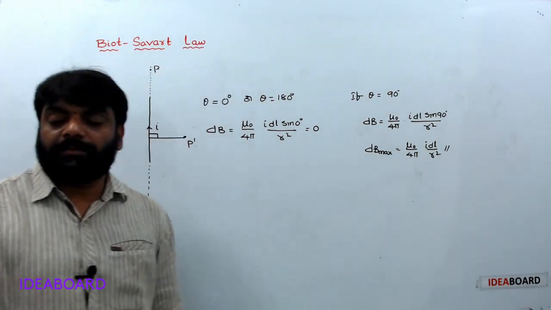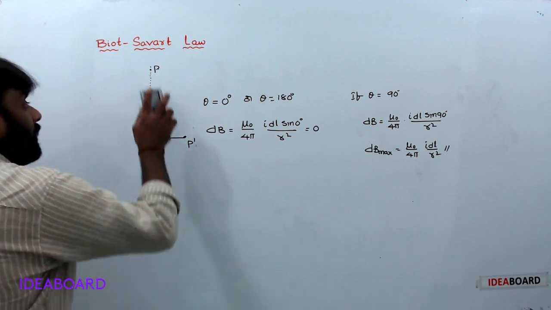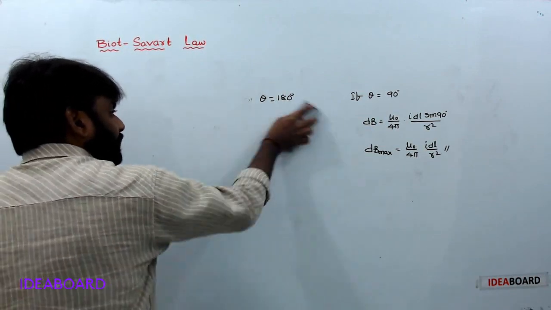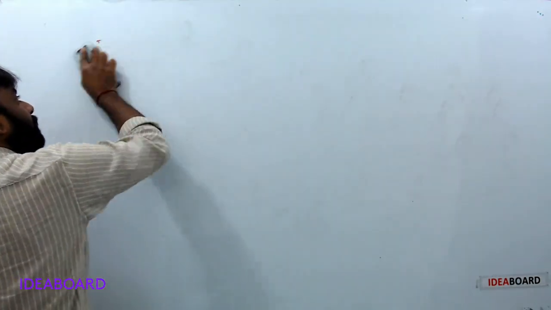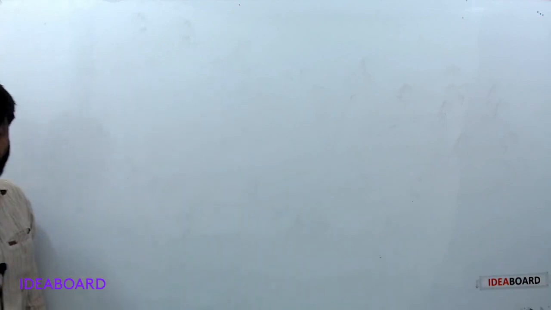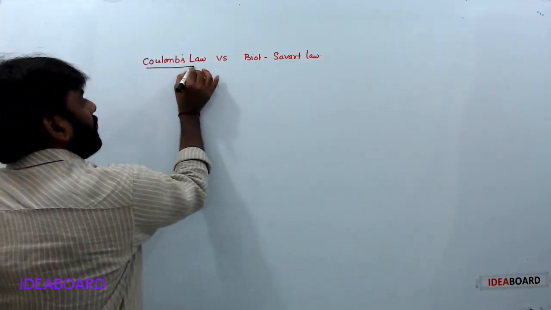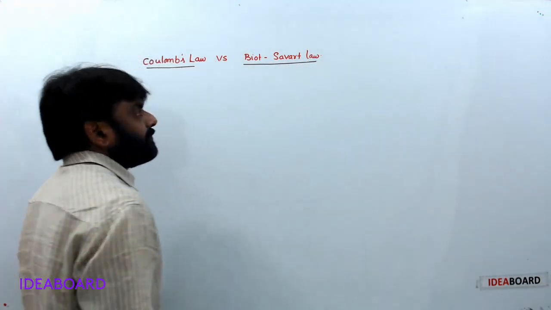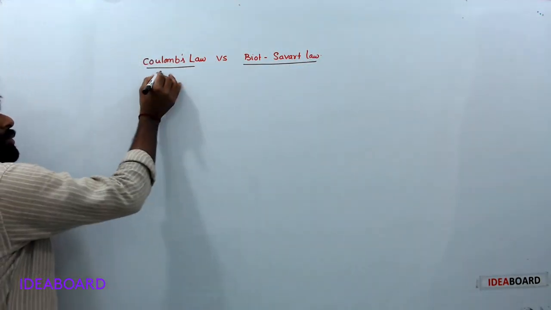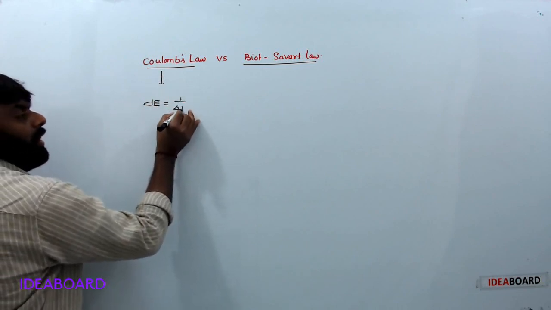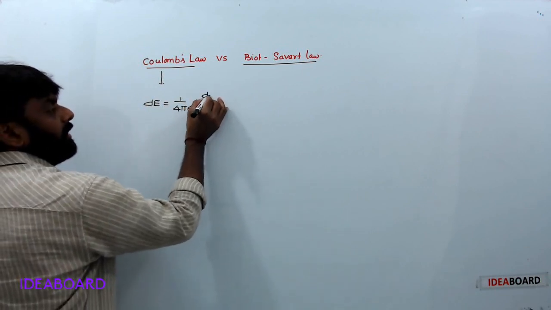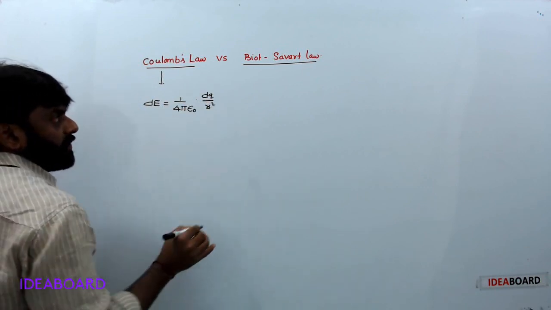Okay. Next, Coulomb's inverse square law versus Biot-Savart law. You know, due to Coulomb's law, electric field intensity is equal to 1 by 4 pi epsilon naught, dq by r square.